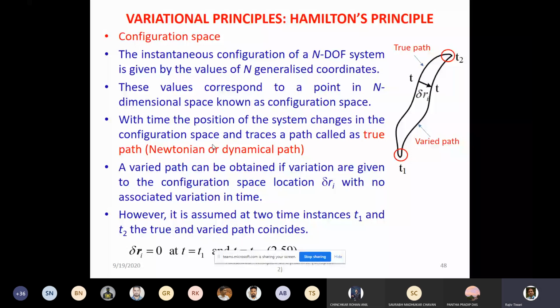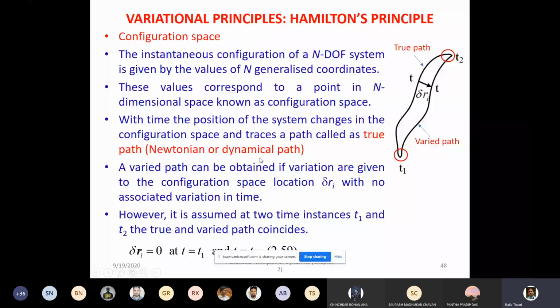As I mentioned, in the configuration space at a particular time, this vector gives a single point. For different times, it will make a particular path, or curve. That particular curve is called the true path, or Newtonian or dynamic path.